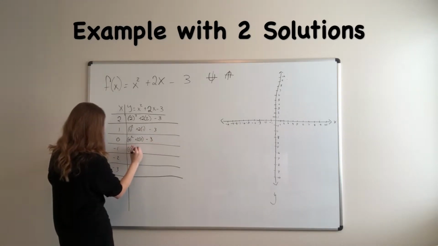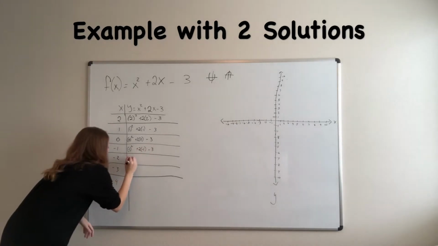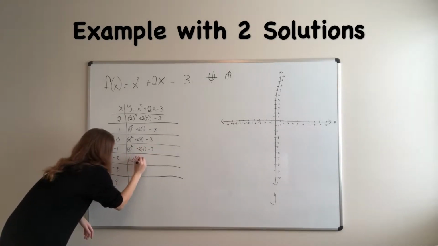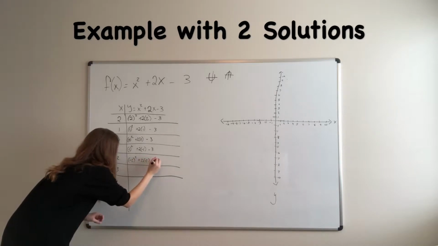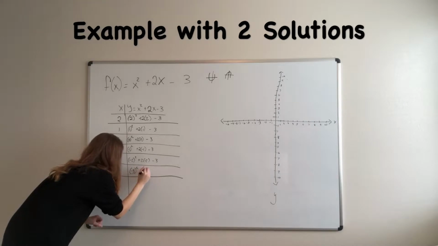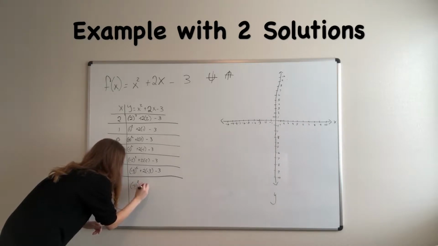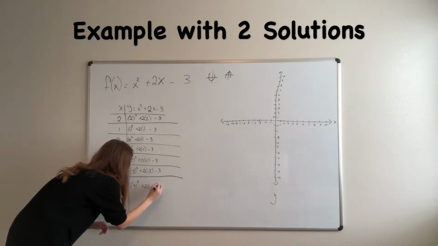Negative 1 squared plus 2 times negative 1 minus 3. Negative 2 squared plus 2 times negative 2 minus 3. Negative 3 squared plus 2 times negative 3 minus 3. Negative 4 squared plus 2 times negative 4 minus 3.